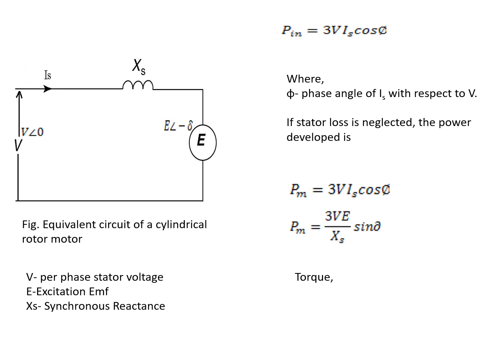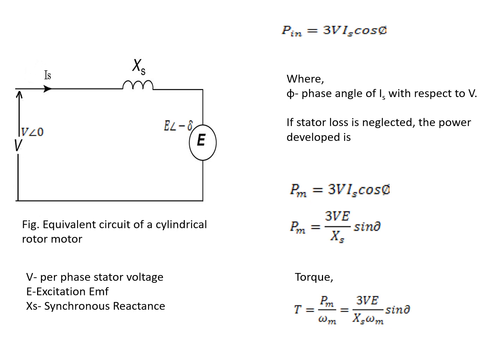So we can write Pm equal to 3 VsIs cos phi. If you further solve for Is cos phi, you will get Pm equal to 3 VE by Xs into sin delta.